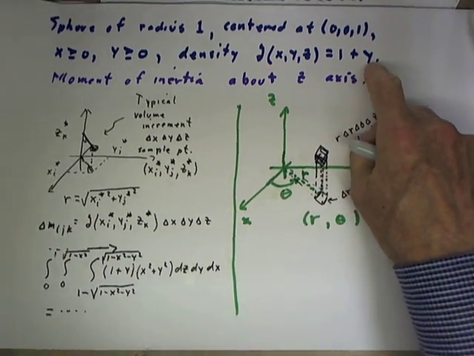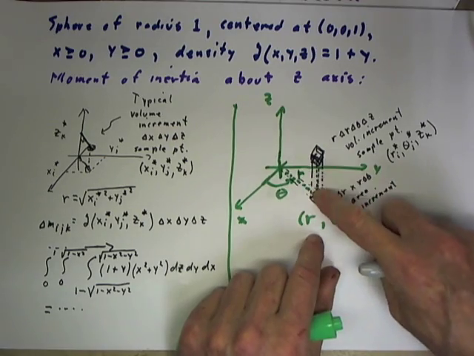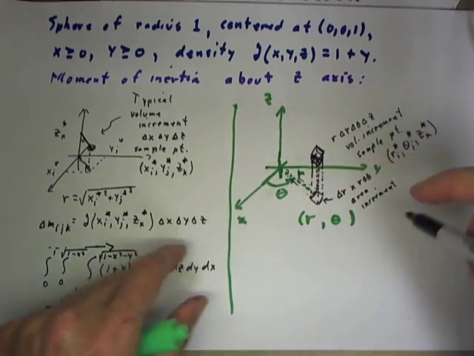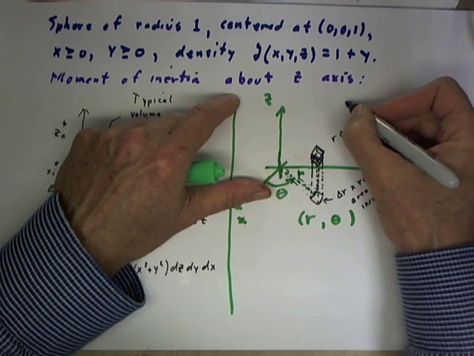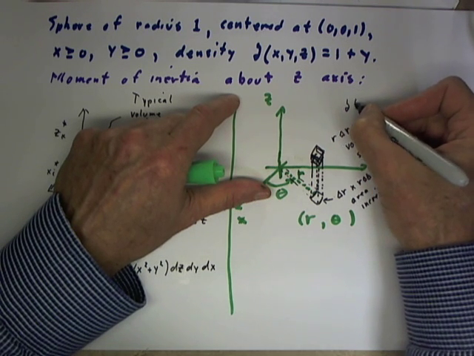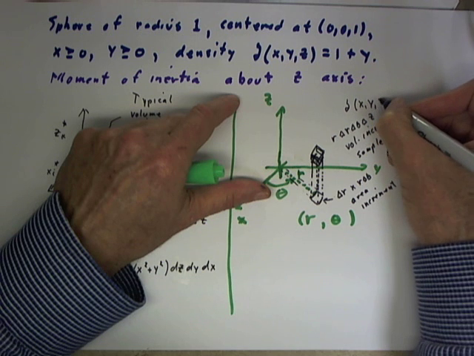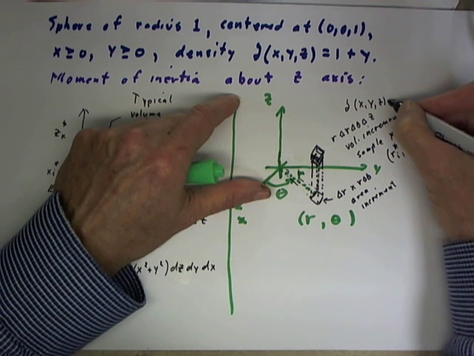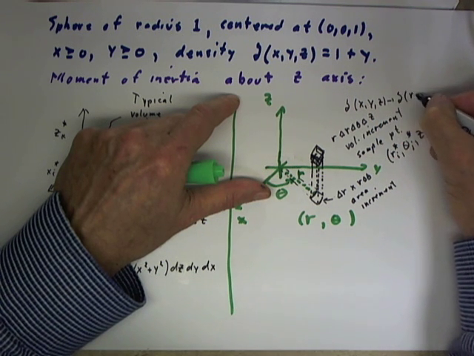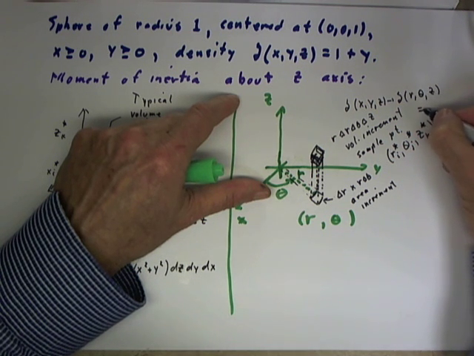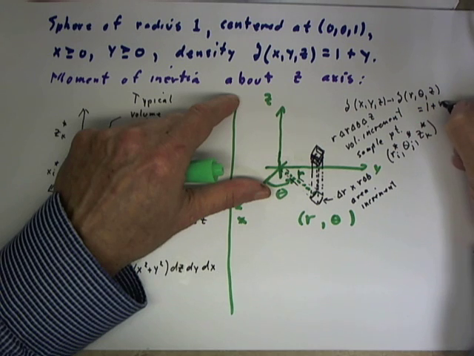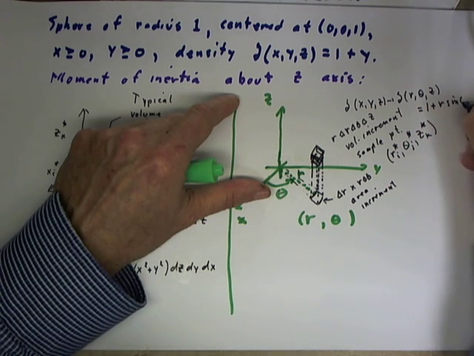Now, y is just r times the sine of theta, so that our delta function becomes delta of r, theta, z equals 1 plus r sine theta.